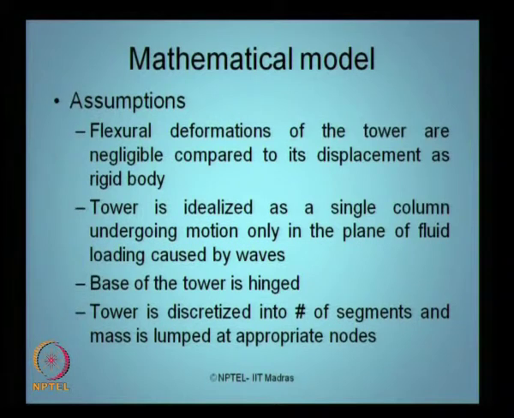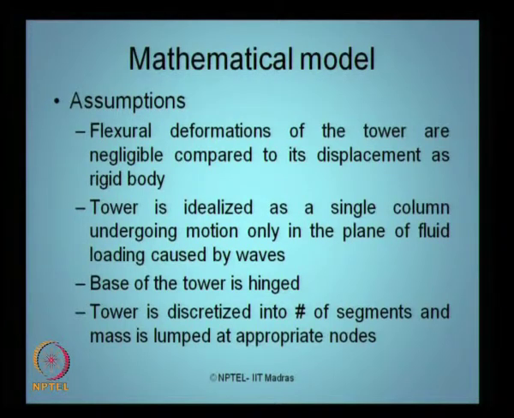So, if you look at the mathematical model, we make certain assumptions: that the flexural deformations of the tower are negligible compared to its displacement as a rigid body. That is very important, because now we idealize this tower as a rigid body motion. The flexural deformations in the tower members because of the lateral loading become negligible.